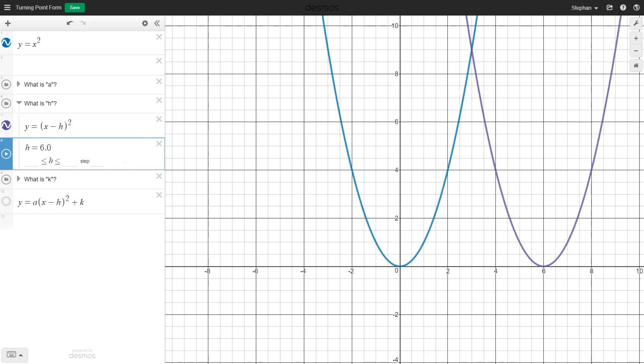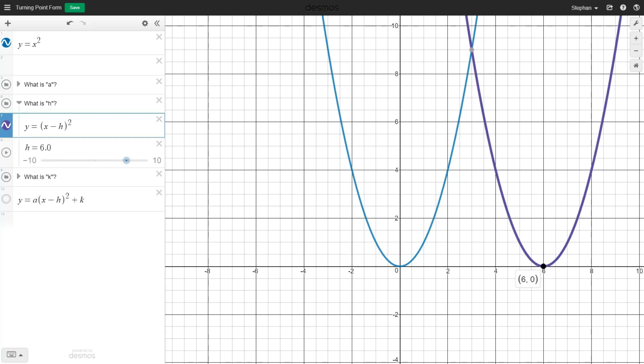So when H equals 6, the relation becomes y equals x take 6 squared. And you can see what that does. It moves the entire graph 6 units to the right. The turning point from the original blue graph was at 0, 0. It's now moved to 6, 0.